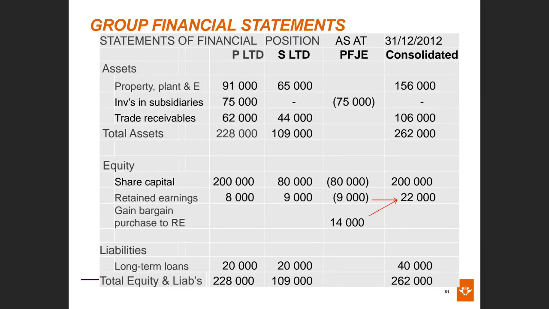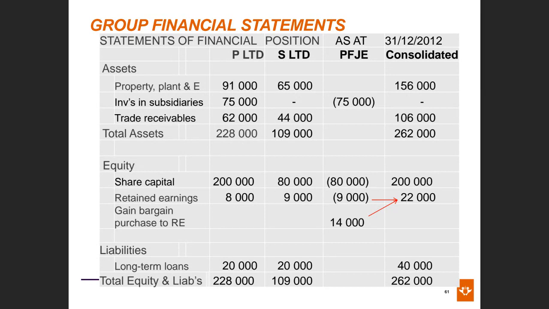Then we have share capital. The share capital in P Limited is 200,000 plus the share capital in S of 80,000. But remember, we had the pro forma journal entry to eliminate the share capital. So it's 200 plus 80 minus 80, which gives us 200,000. Then we had our retained earnings. We have 8,000 plus 9,000.